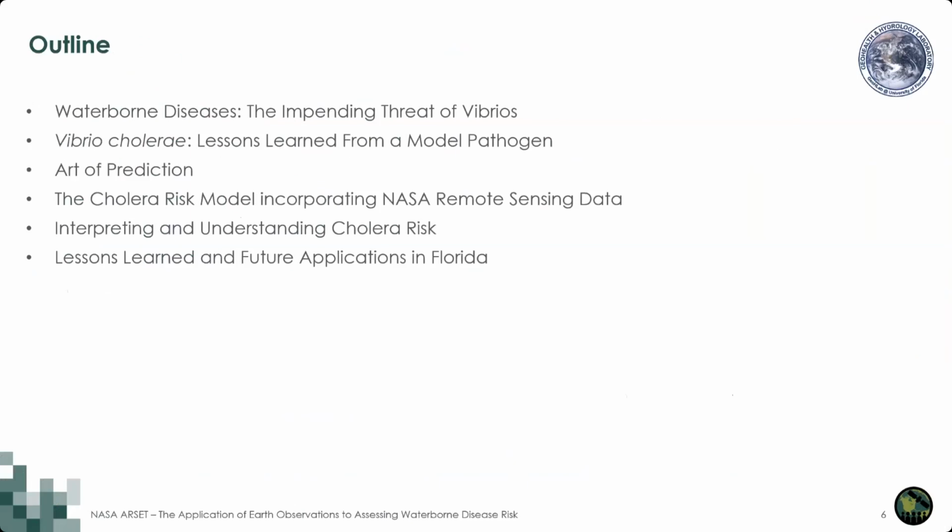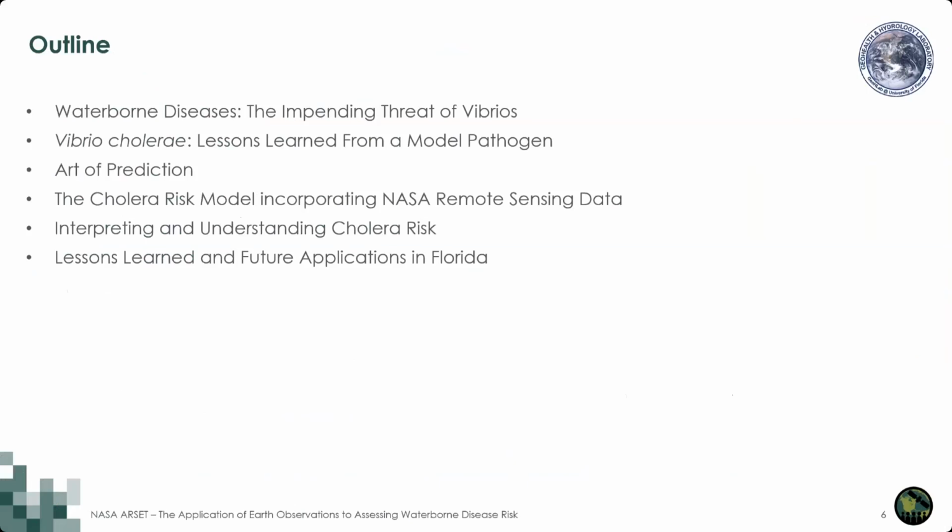Vibrio cholerae is responsible for causing cholera outbreaks since the early dawn of the first century, and we are still trying to figure out where, when, and how cholera is going to impact human population.